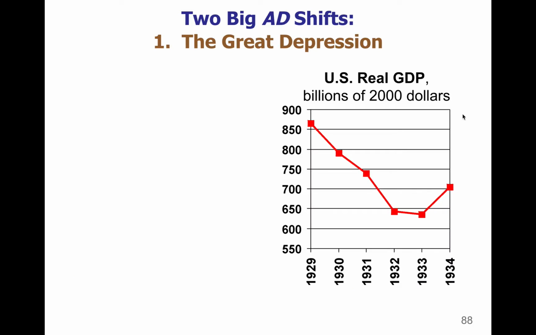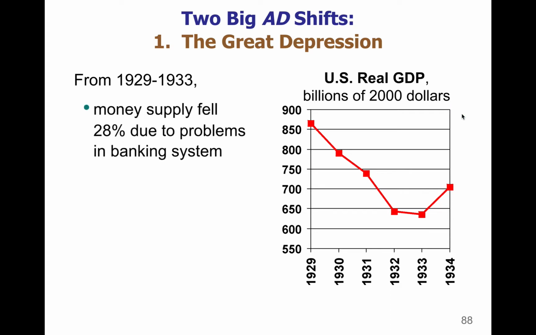So here's an example. The Great Depression, as we just talked about, the first 4 years of the Great Depression, we saw significant issues with the US economy. So the money supply, which is the amount of currency in circulation, falls 28% because banks collapse and people can't get access to their money.